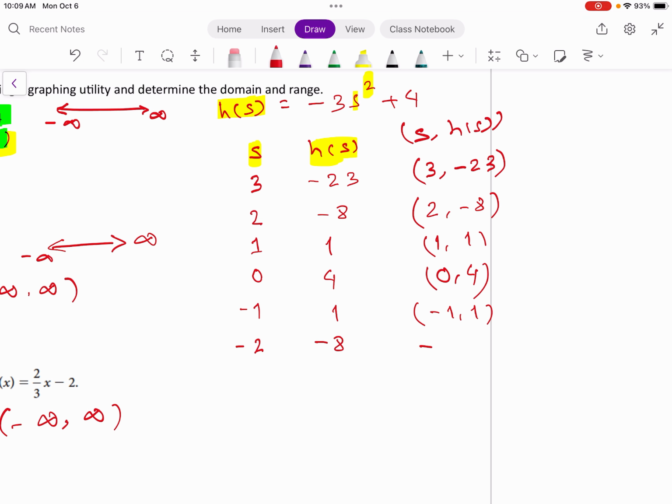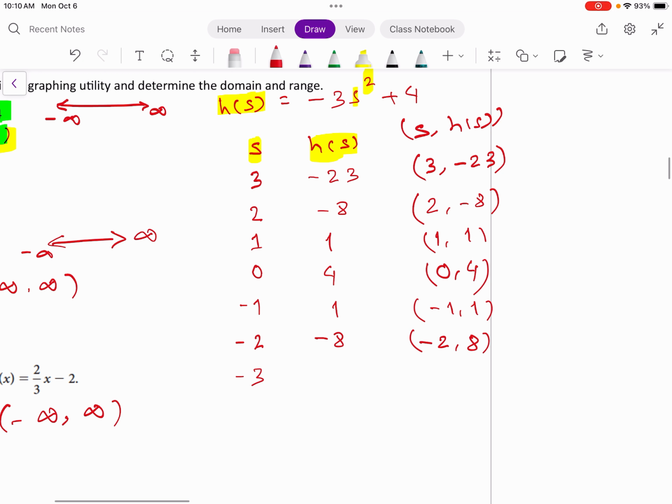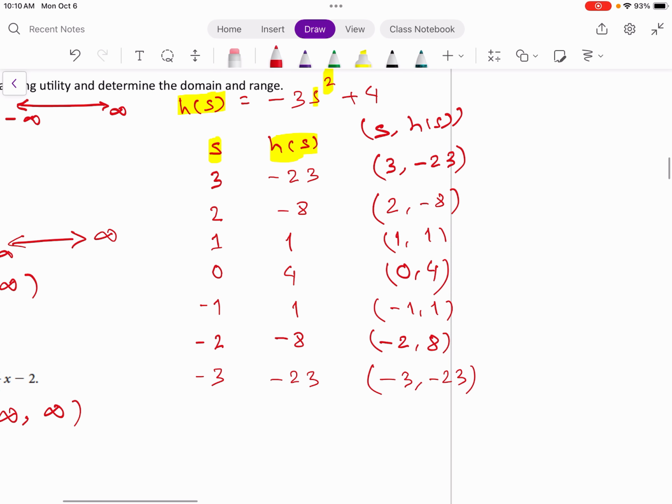So we have negative 2, negative 8. Now let's take the last, negative 3. If our input is negative 3, our output will be negative 23. So negative 3, negative 23 is our next point on the graph. Now we plot these points and connect the dots, we get the graph, okay?